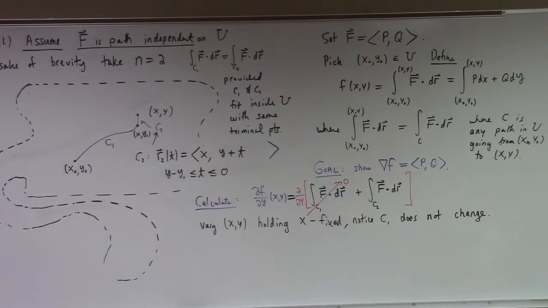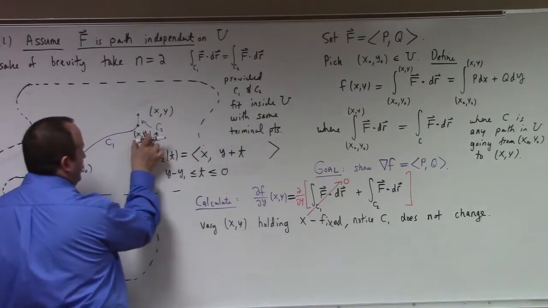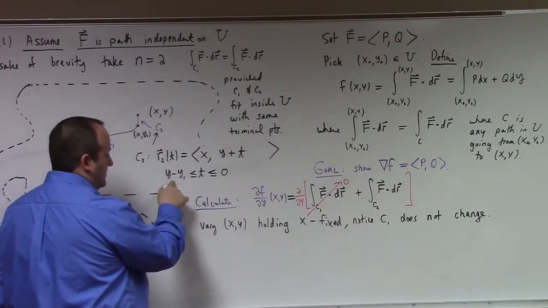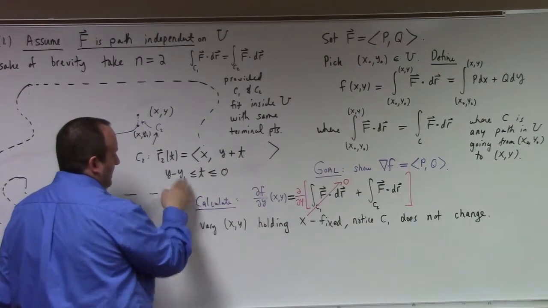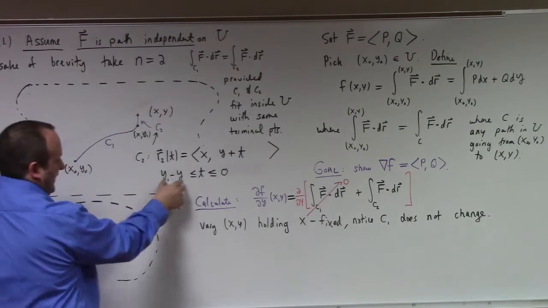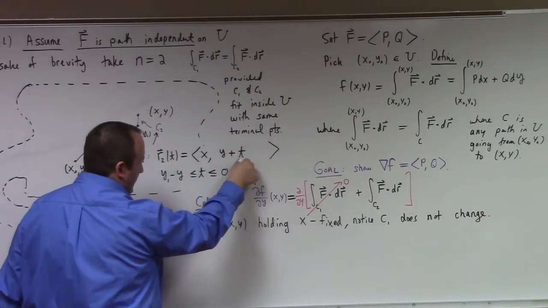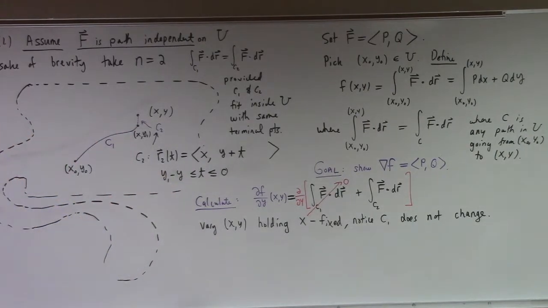That would parameterize the vertical line segment that goes from the point y minus... I can't do math. If I want y1 to be the lower point, what should I put here? Other way around, right? y1 minus y. Because when I put that into t, I get y plus y1 minus y, which is just y1 again.